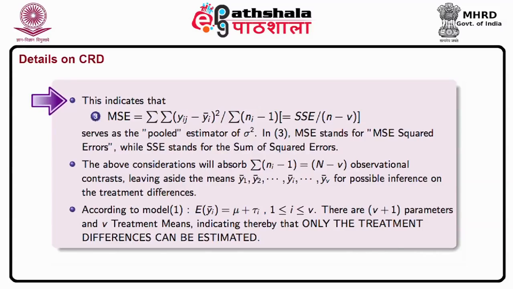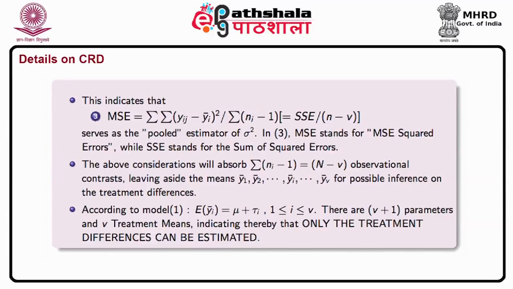And the MSE serves as the pooled estimator of sigma square. And in this expression 3, MSE stands for mean square error, and SSE stands for sum of squares of error.